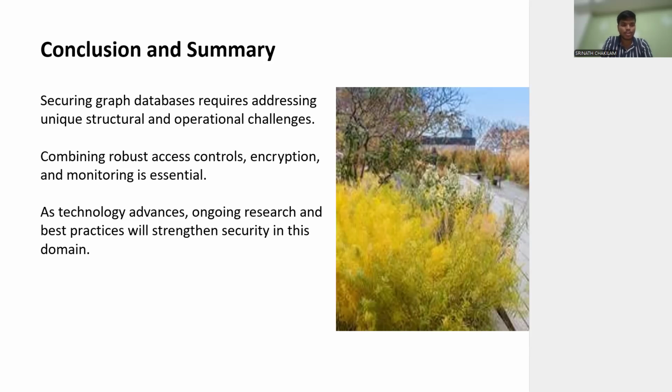As technology advances, ongoing research and best practices will strengthen security in this domain.